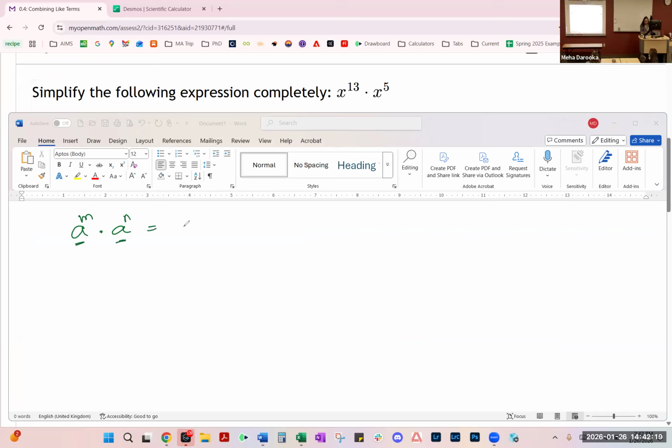This is what we call the product rule, because since you are multiplying the two bases, the rule is you end up adding the exponents. So you would do m plus n. So using that over here, what do you think we will come up with?